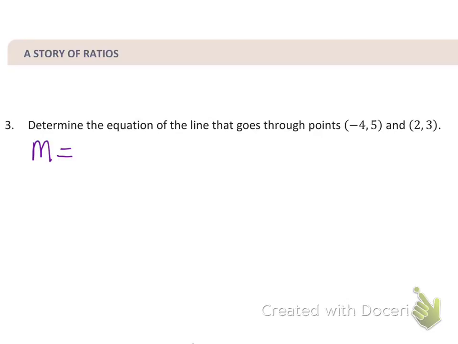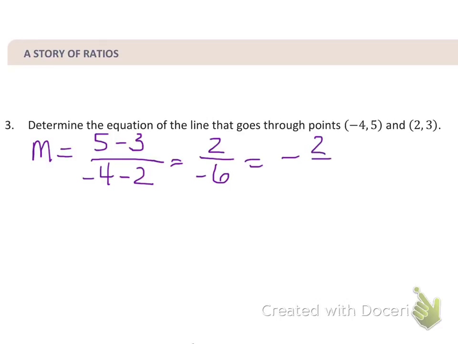So the slope is what? It's the difference in the y's, so 5 minus 3, divided by the difference in the x's, which is negative 4 minus 2. So we end up with 2 over negative 6, which is equal to negative 2/6.